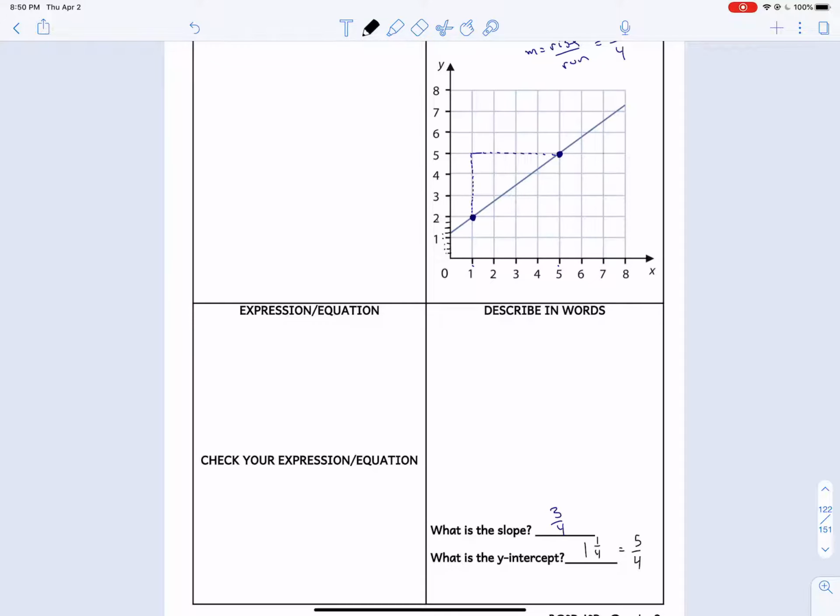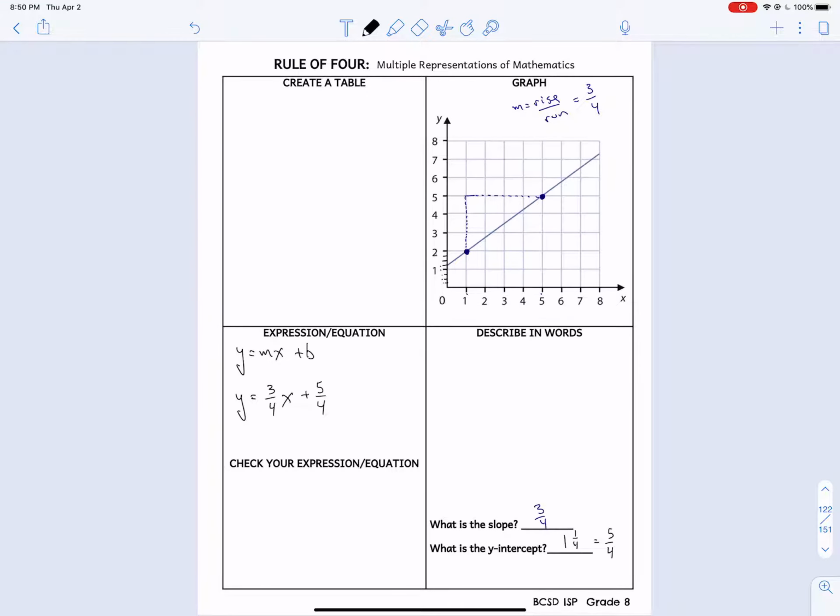So 5 fourths. All right, so here's my equation. Again, y equals mx plus b. m is 3 over 4, so 3 fourths x, then plus 5 over 4. So that's our equation.